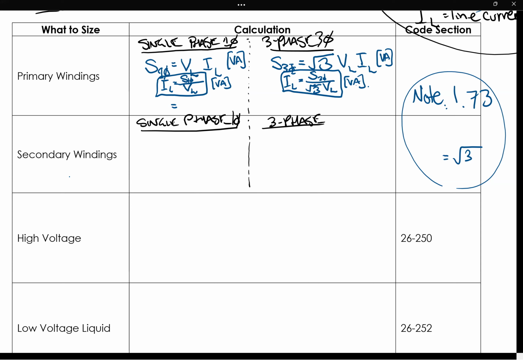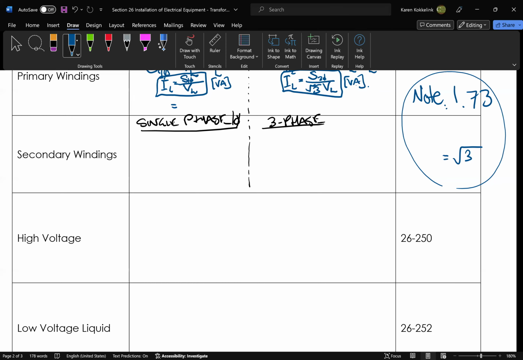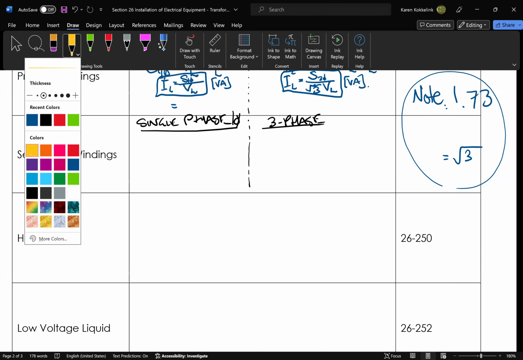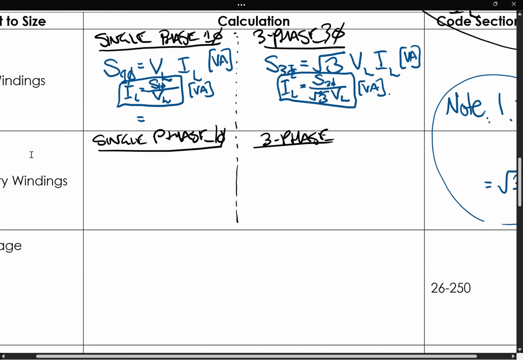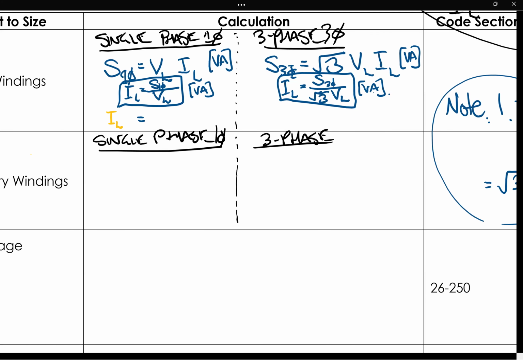So here's what the formula actually looks like when you are using it for your test. You want the current of your primary windings to be in amps. So that's going to look like the S that you're given in the question, which is going to be in kilovolt amps, and you're going to want that to be in volt amps.